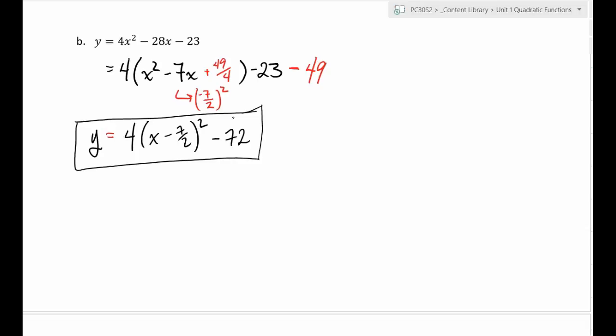Okay, so we will run into fractions when we're dealing with completing the square. It's a reality. If you feel the need to work with a calculator and work with decimals, go ahead. But I recommend that you do try and get comfortable with fractions.